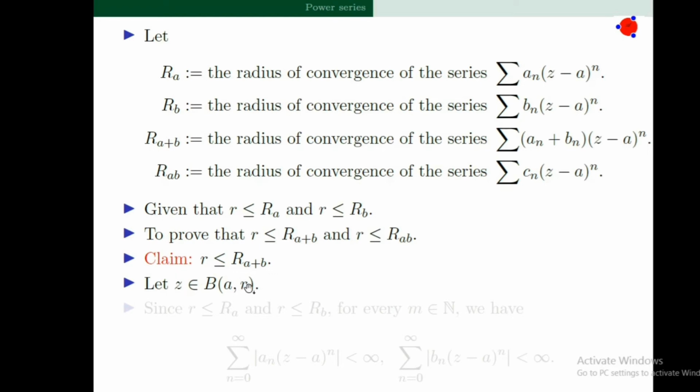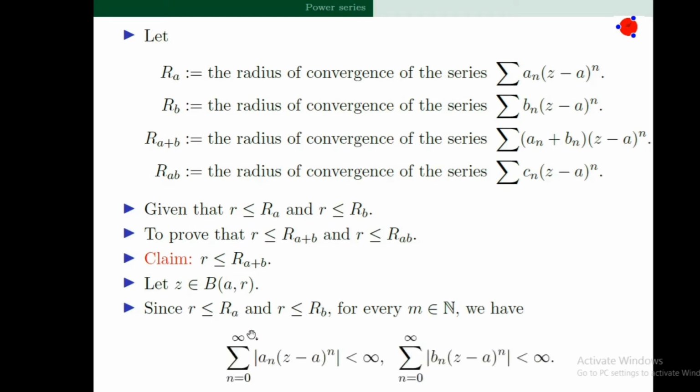So let z be an arbitrary point in this open disk. And note that the real number r is less than or equal to both Ra and Rb. Here Ra is the radius of convergence of the first power series. So the first power series sigma an (z minus a)^n is convergent for every z such that mod z minus a is less than Ra.